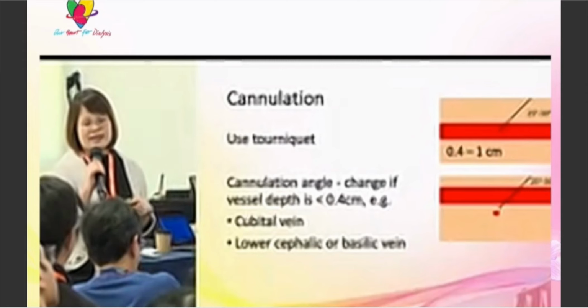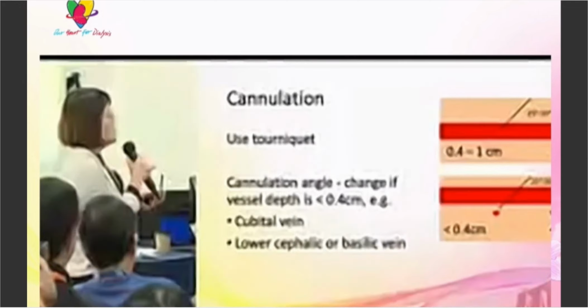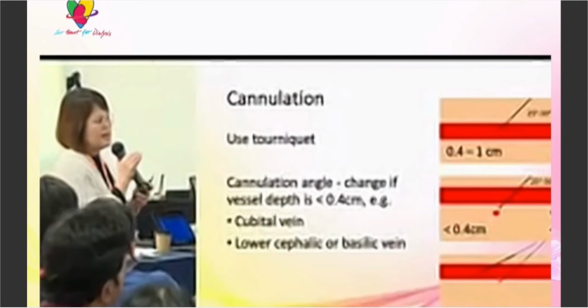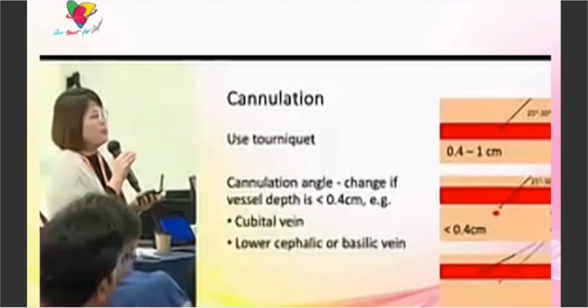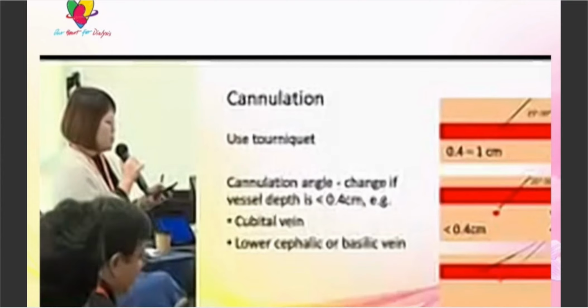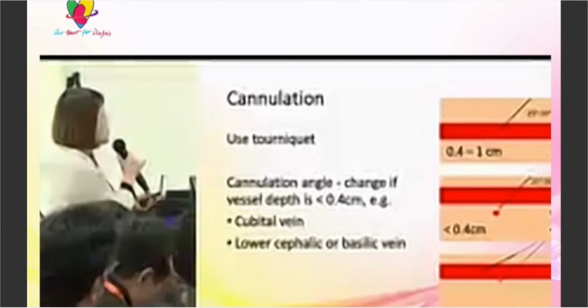Second, it is more superficial than they would expect. So when we do marking, we will specify the depth, so that we tell the nurses to go more shallow than usual.